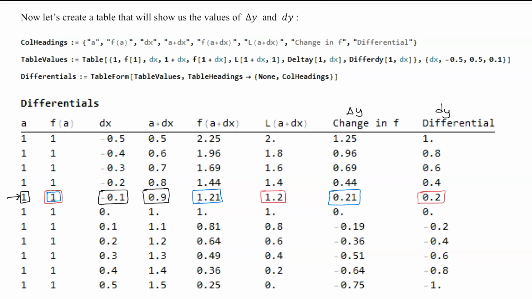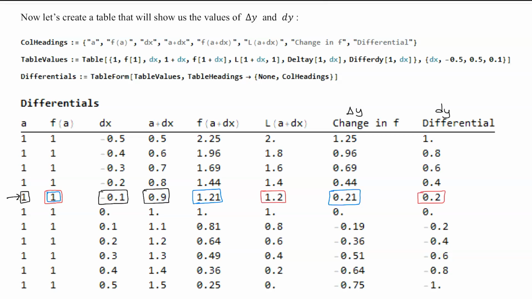My dy differential value was 0.2. So in this table, I can see all the little pieces, all the moving parts, right? And of course, we could look at other lines as well, and hopefully you could walk yourself through any other row in this table to understand what it's telling you.